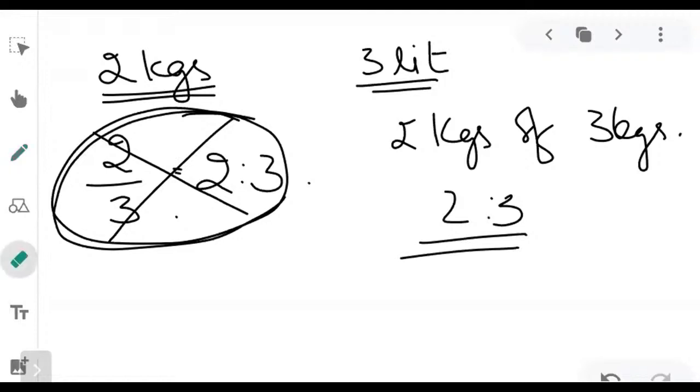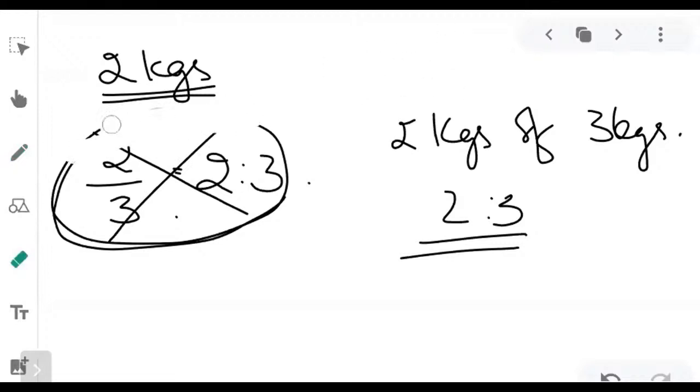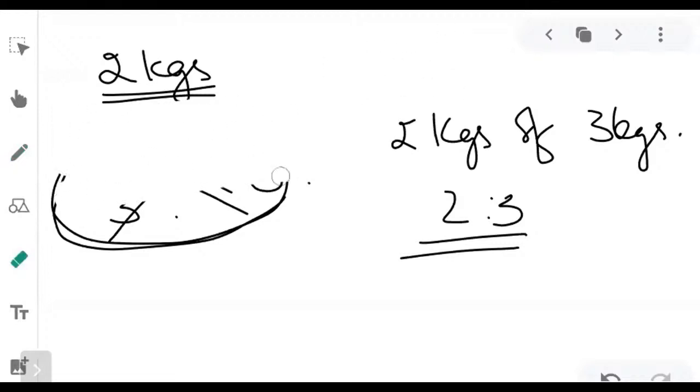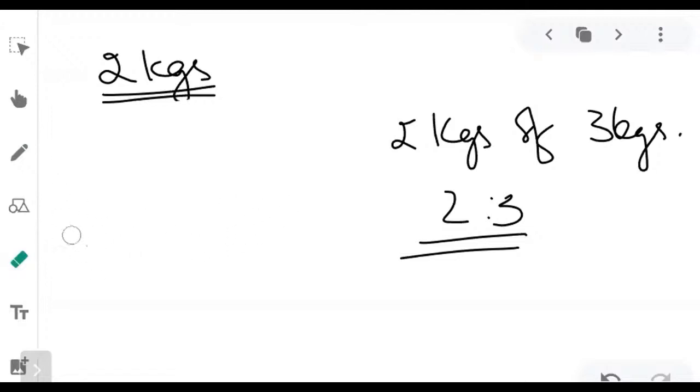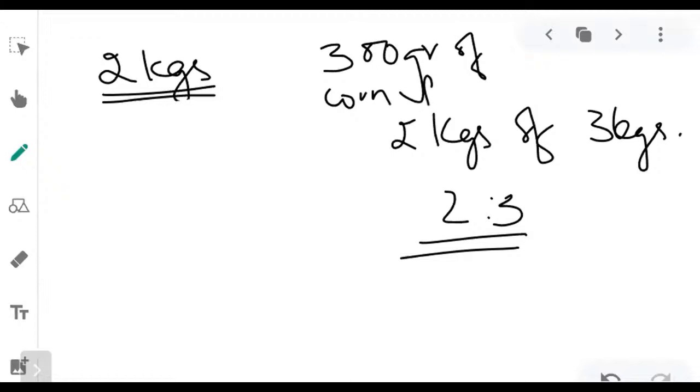We'll take a different example also. I have 2 kgs of rice and 300 grams of corn flour. What is the ratio between them? Are kgs and grams the same unit?